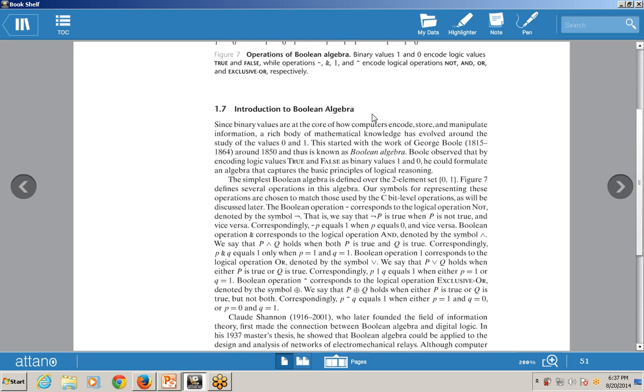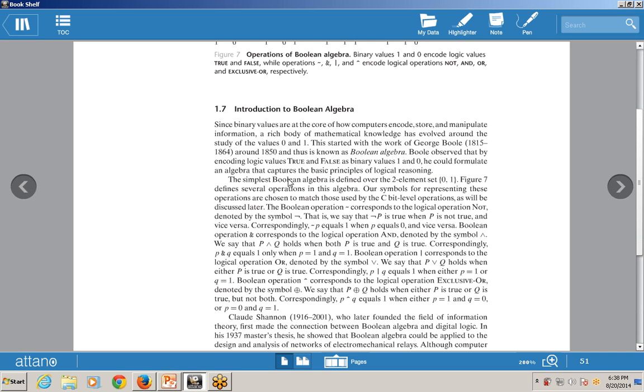This is the Introduction to Boolean Algebra. Boolean algebra uses mathematical functions, and it was developed by a person known as George Boole. That's why it is known as Boolean algebra.